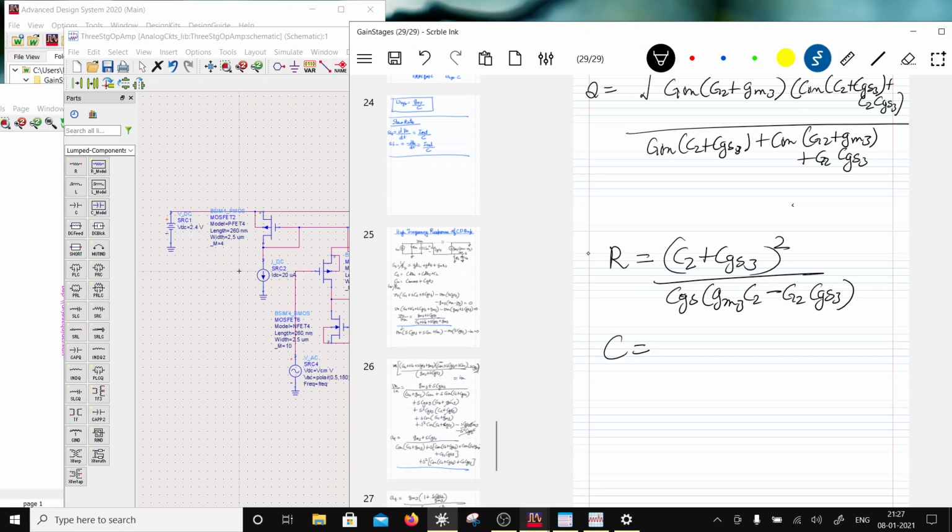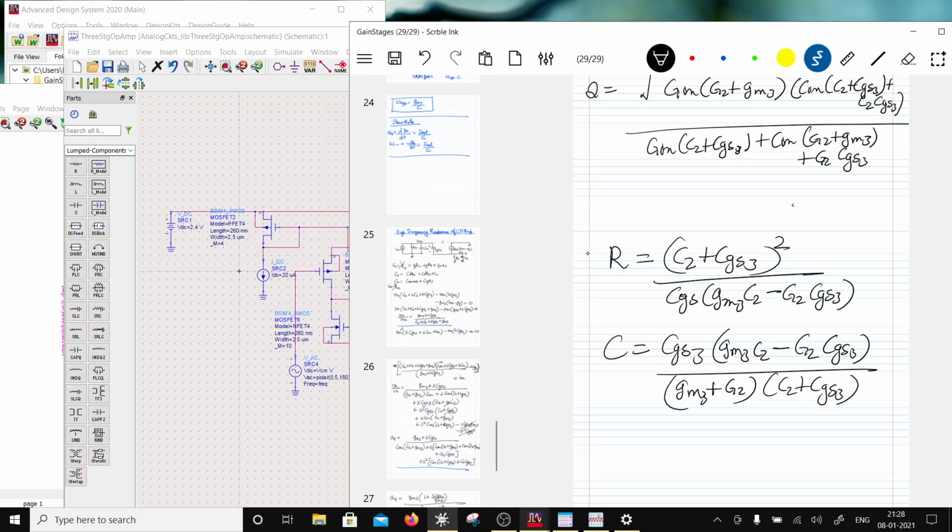and then you have a C which is CGS3 times (GM3 C2 minus G2 CGS3) divided by GM3 G2, times C2 CGS3 over (C2 plus CGS3).